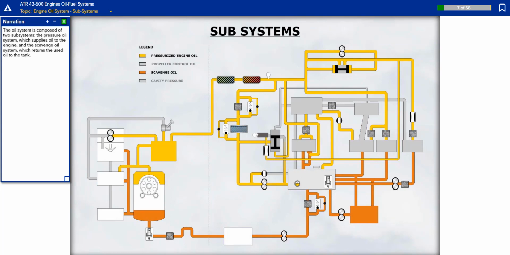The oil system is composed of two subsystems: the pressure oil system, which supplies oil to the engine, and the scavenge oil system, which returns the used oil to the tank.